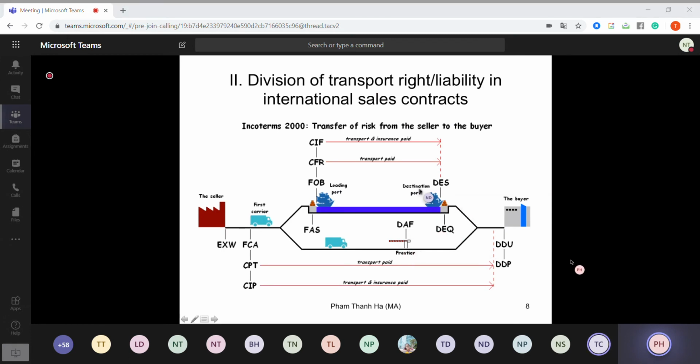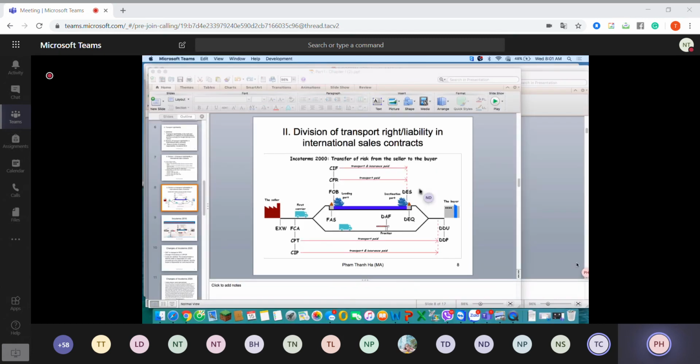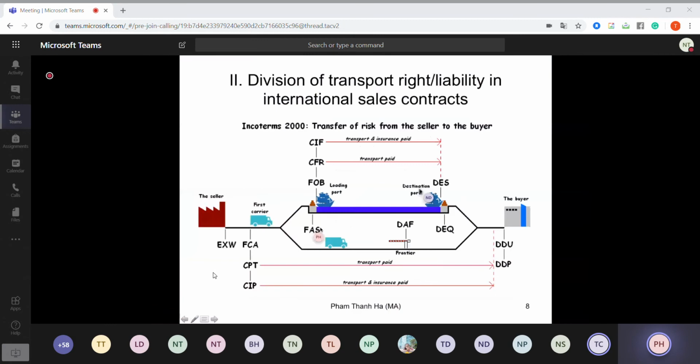In Incoterms 2000, you can see the D group. How many terms and conditions do you have? First one is DES, which means delivered ex ship. And we have DEQ, which means delivered ex quay.